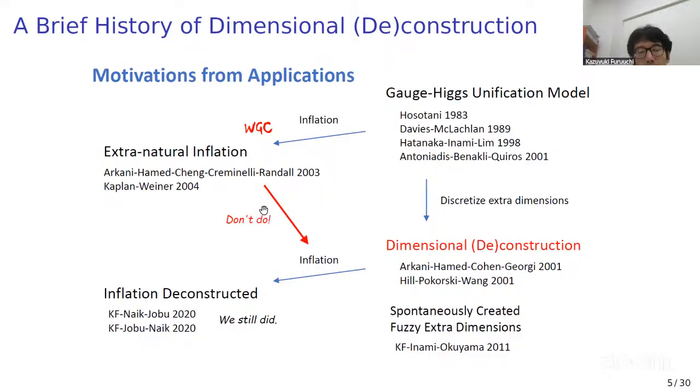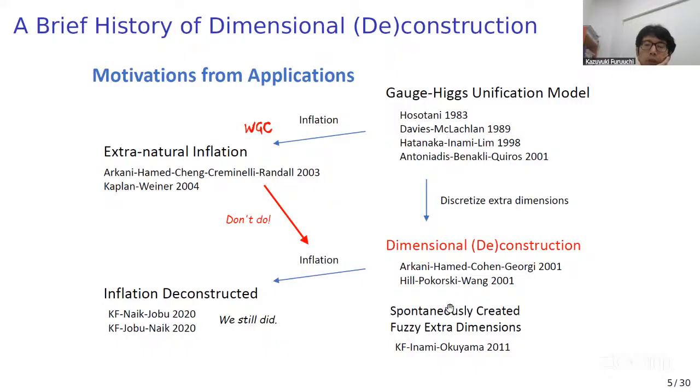In the parameter regions you can use, it is difficult to achieve large field inflation. Nevertheless, we tried. Not directly resolving this problem, we sort of circumvented it, or couldn't really resolve it. Unnaturalness remains.